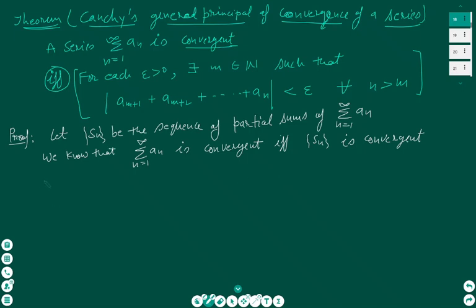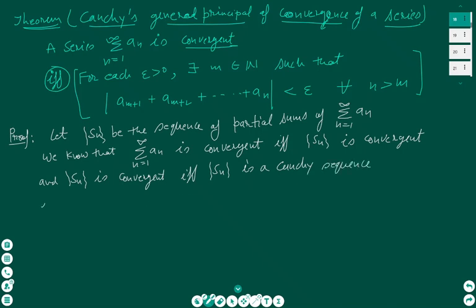And a sequence is convergent if and only if it is a Cauchy sequence. This also we have done. A sequence is convergent if and only if it is a Cauchy sequence.